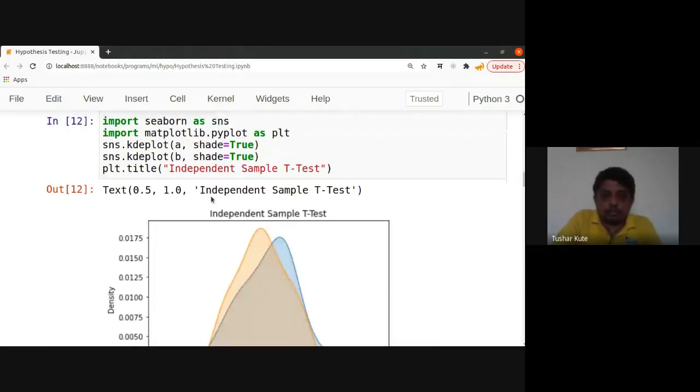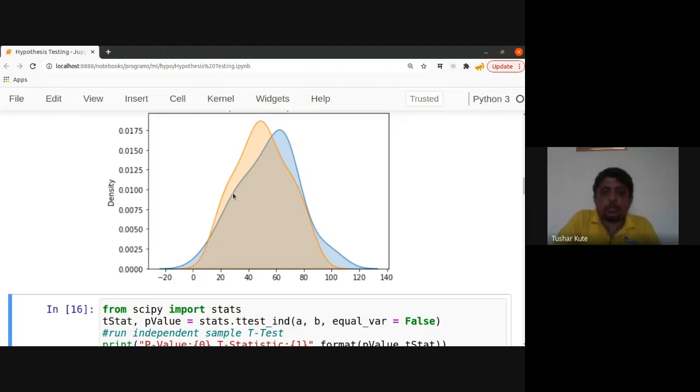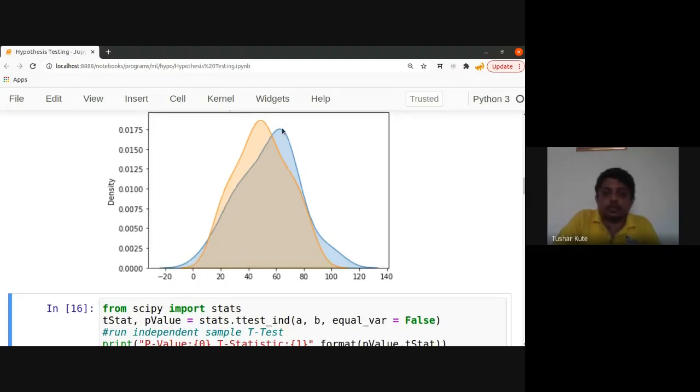I think colors are not mentioned over here. Yes, not mentioned. So one population is this, which is orange, and another population is the blue one. That is A and B, and you can see their probability. So it's like a bell curve. Almost normally distributed data is there, but there is a difference present in it. These are the differences that we can see.